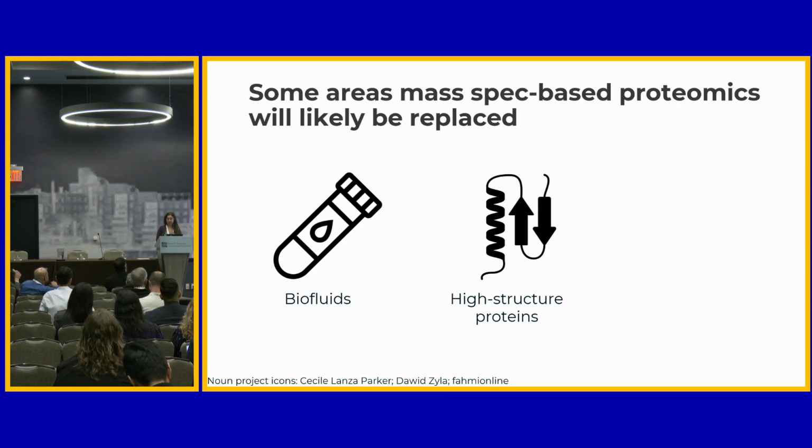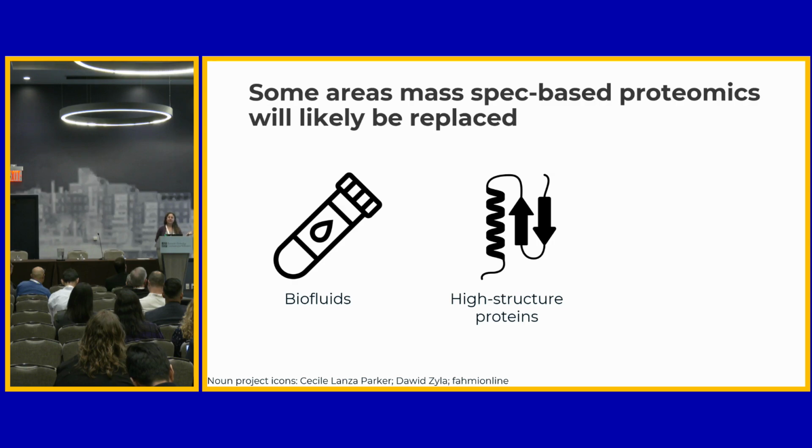High structure proteins, where it's very easy to generate antibodies, where there's already existing or validated antibodies. These globular high structured proteins that have been very well used in a lot of other aspects that require recombinant proteins like protein microarrays or SPR, surface plasmon resonance.